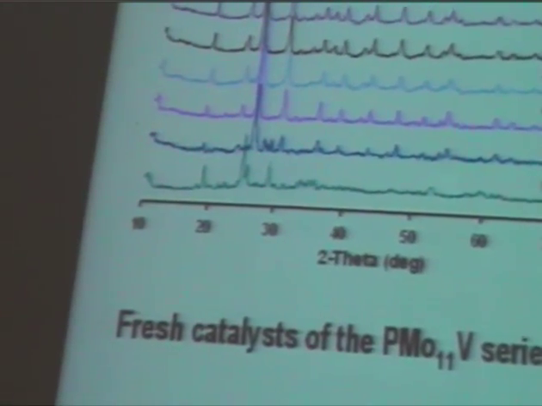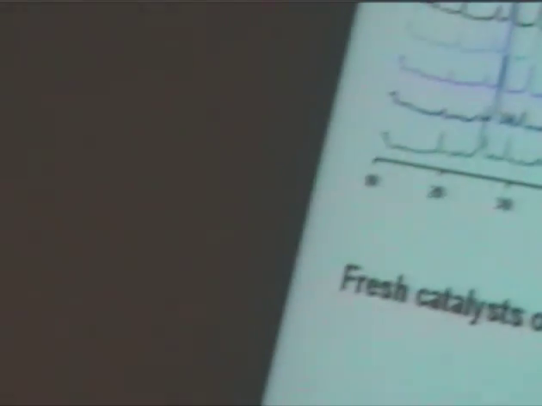And this graph shows in situ XRD data for monovanadium catalysts, which show catalyst evolution during pretreatment at 400 degrees C under hydrogen. So, crystalline at room temperature, the catalyst gradually becomes amorphous on heating at 400 degrees C under hydrogen.